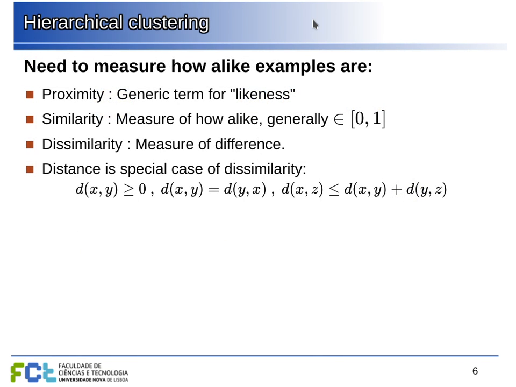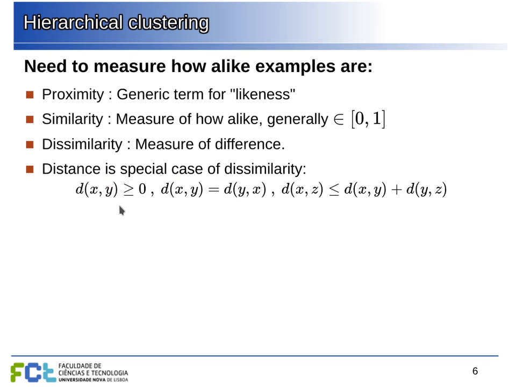So to cluster, in any case, we always need to measure some similarity or difference between examples. So we have general terms for this: proximity, similarity, dissimilarity. Distance is a special case of dissimilarity, which meets these constraints.